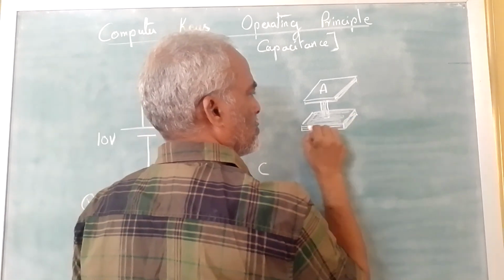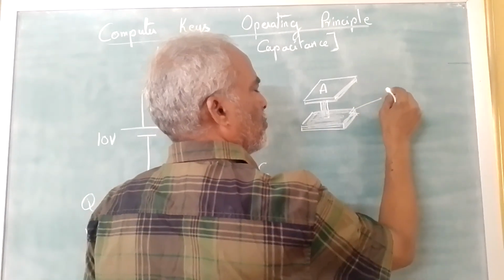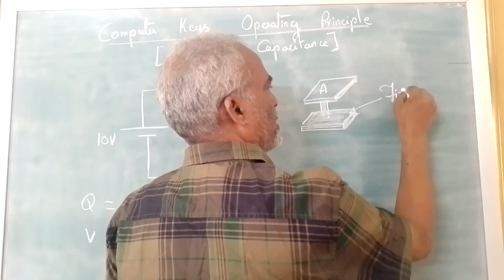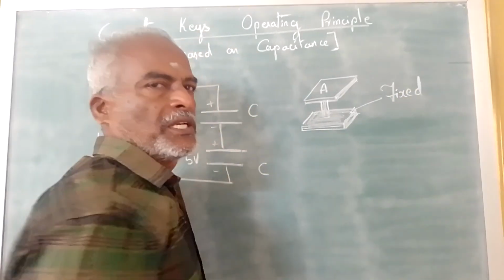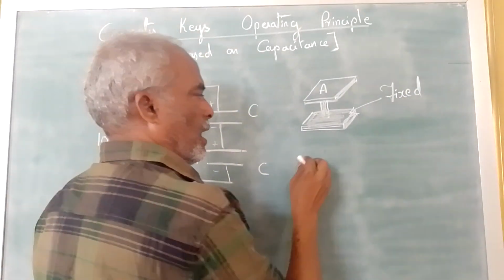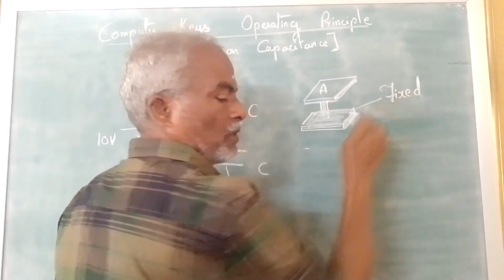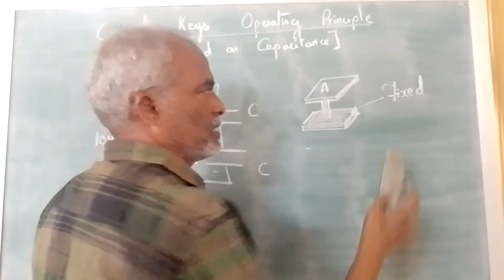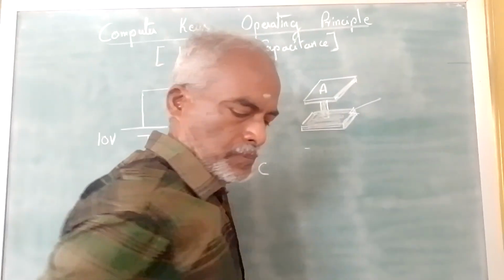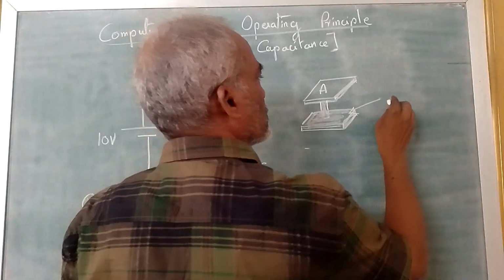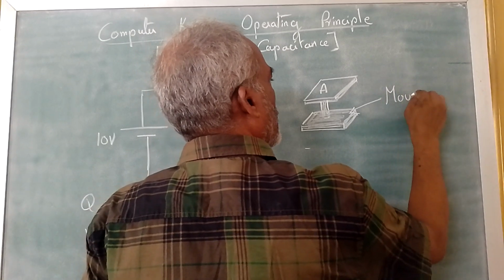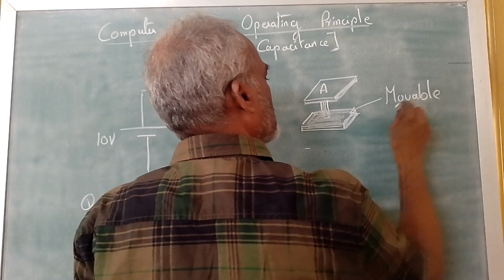This is the thickness. So this is the fixed conductive plate. And then we have here this one, the movable plate.